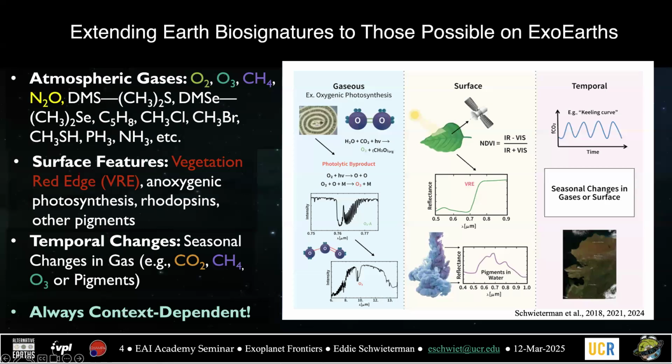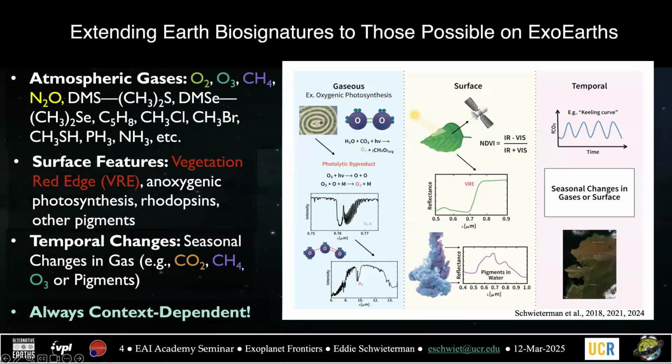And on the left, I've listed just some examples of the gases that this could include, ones we may be familiar with: oxygen, ozone, methane, made by photosynthetic and methanogenic life, respectively, nitrous oxide, which is a product of nitrogen metabolism and present in Earth's spectrum, and also more exotic gases that are made by life on Earth but don't accumulate in our atmosphere to significant concentrations like methyl chloride or dimethyl sulfide.